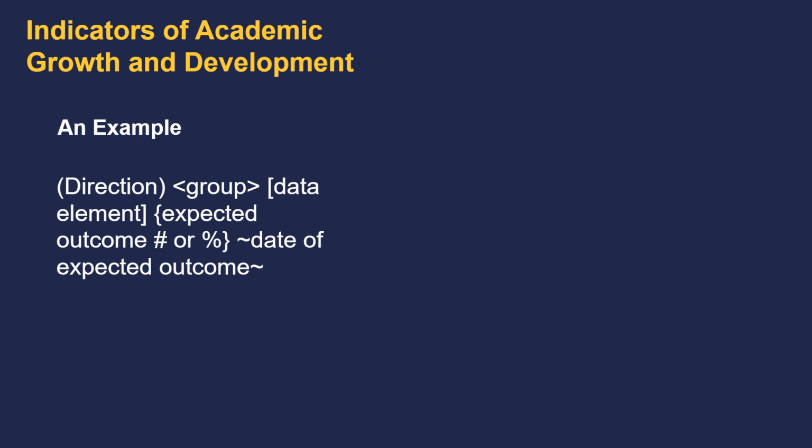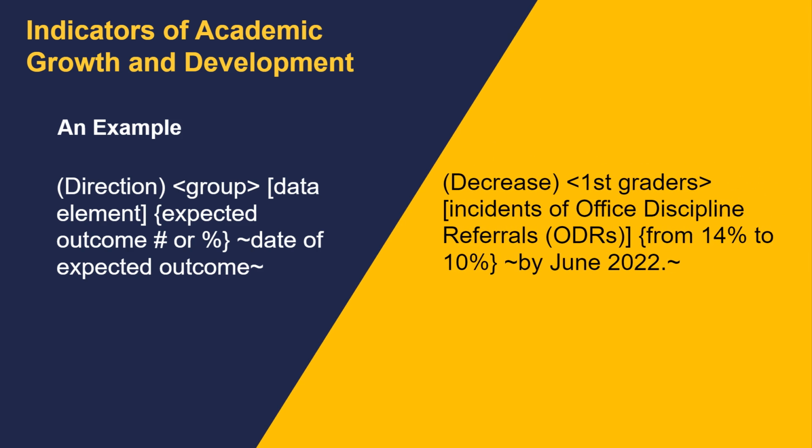State the expected outcome and by when. In this example, we see decrease, direction; first graders, group; incidence of office discipline referrals, ODR, data element; from 14% to 10%, outcome; by June 2022, date of outcome.